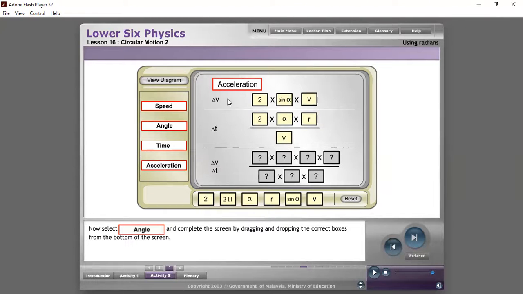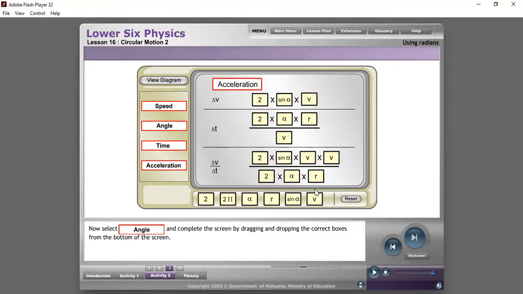When we substitute delta v over delta t, we get 2 sin alpha v divided by 2 alpha r divided by v. Divided by v, so it becomes times v.